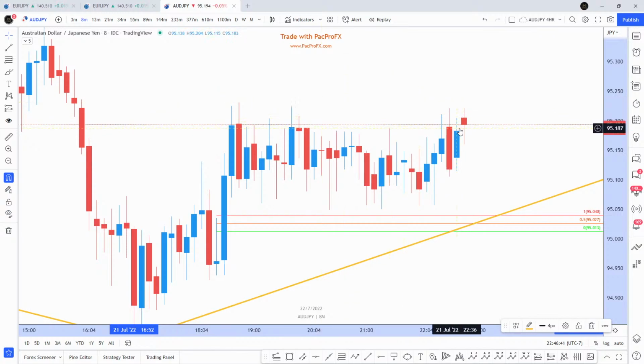Look at that, create another gap here. It's trying, but it would have to probably come back and close that gap on this one. I really think it's going to have to close it.